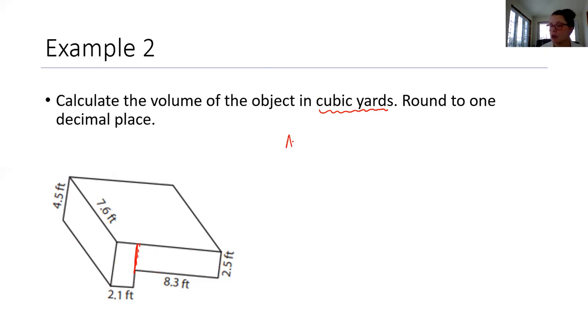So to find the area, we're going to do the same thing as before. I'll call it area 1 and area 2. Area 1 is 2.1 feet. And if this height here is 4.5, then it's 4.5 there as well. So 2.1 times 4.5, and that's feet and feet. Plus, we need to add in the second area. It's a rectangle again, so we're just going to use our rectangle area, 8.3 times 2.5.